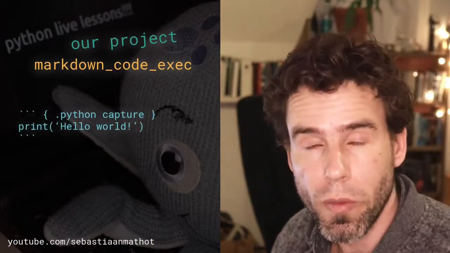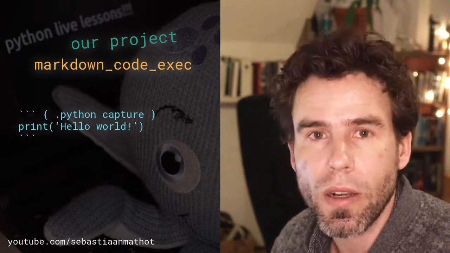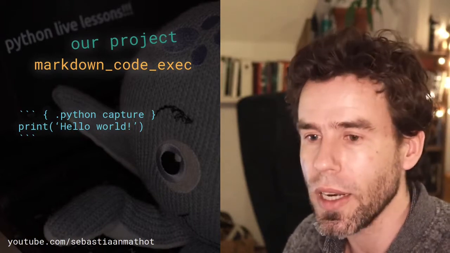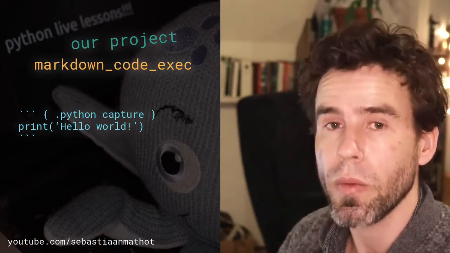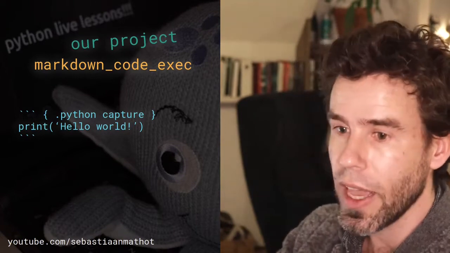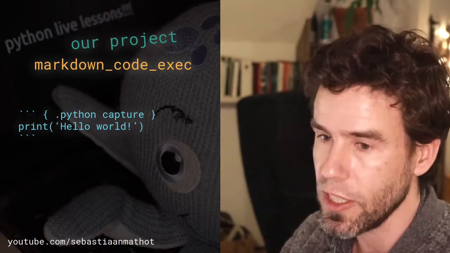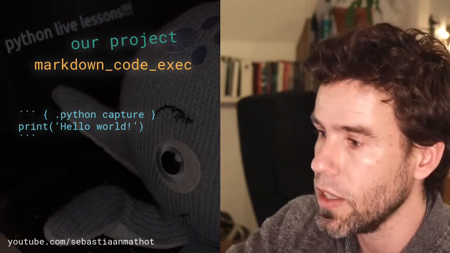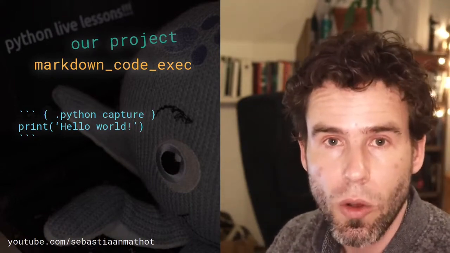so the program that we're going to make is called Markdown Code exec. We did that in the first and the second episode, 0 and 1. And the idea, and we've already implemented this, is that we have a piece of Markdown code such as this, and that this Markdown text contains code, in this case, a little bit of Python code that says print hello world.